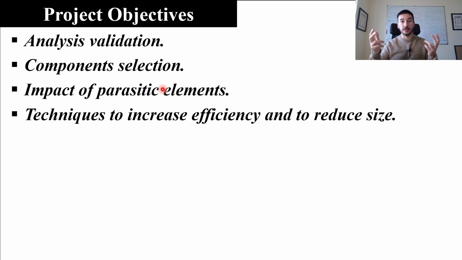Okay, it's not real devices. We are going to consider the parasitic elements of the simulation models provided by the manufacturers, but the conclusions will be the same. Okay? And moreover, this project will allow us to introduce some techniques that we can use in the design process to increase the efficiency or to reduce the size of the converter.